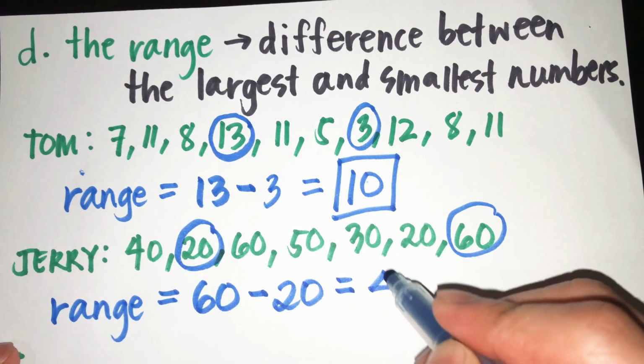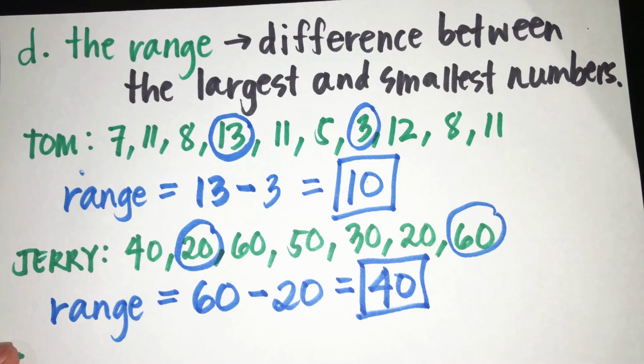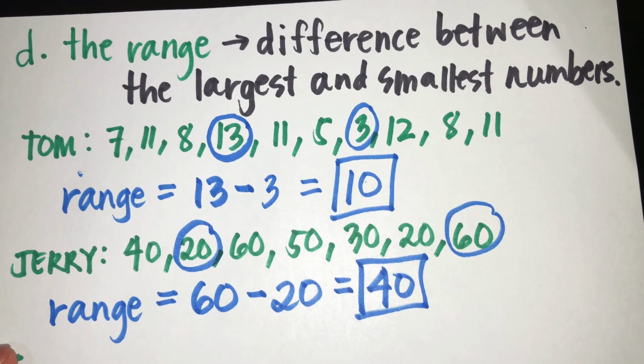So the range is 40. Okay? Now we have learned how to get the mean, median, mode, and range in a given set of data. Again, when we say mean, median, mode, these are the different ways of describing the average of a set of data. Okay? So that's it.